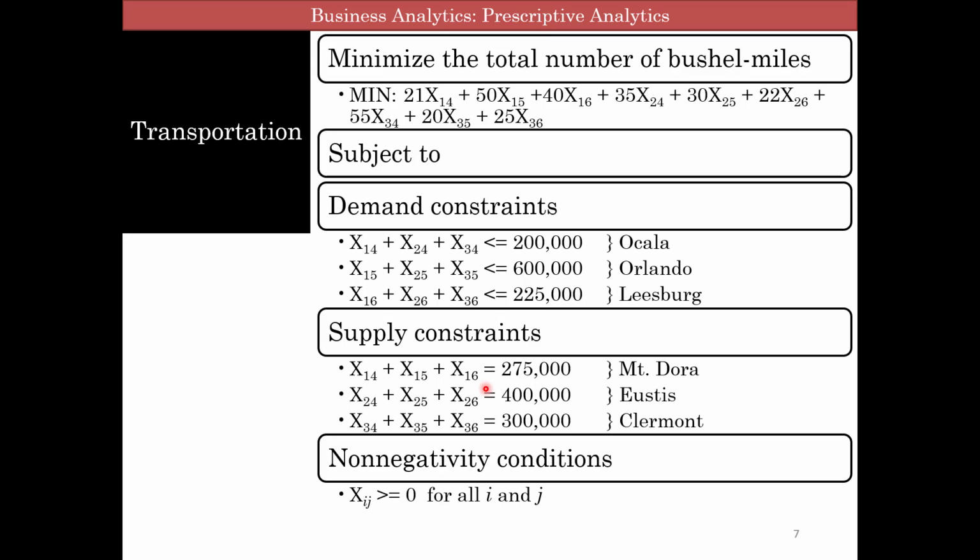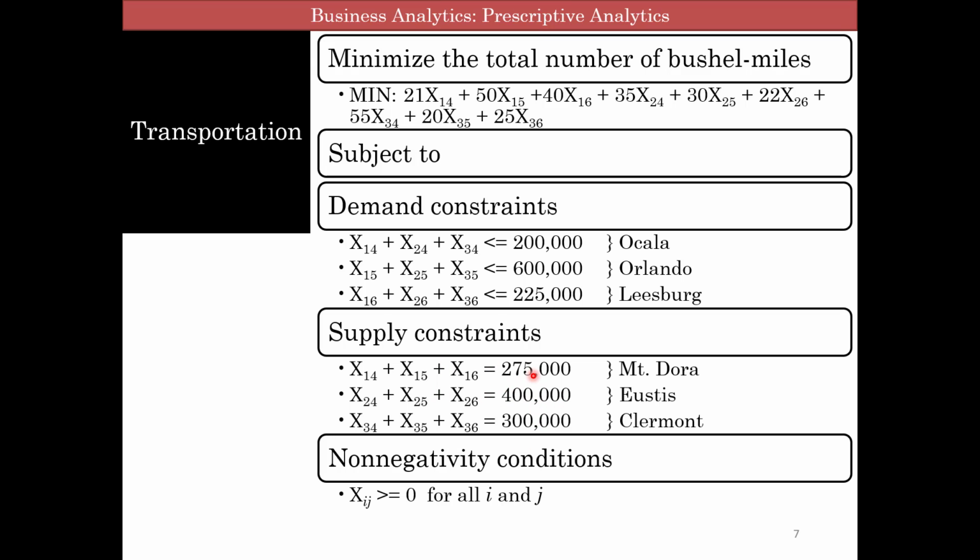Now, if supply is more than demand, that is, let's assume this was 300, this was 500,000. If supply was more than demand, then these supply constraints will be less than, and demand will be equal to. Why? Because you're not going to send everything you have.